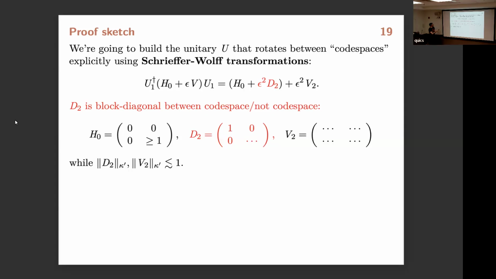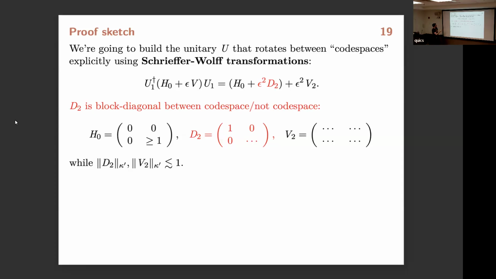So if you think about this perturbation V, in general, it might perturb a code state into a not code state, induce some error. We would like to find a unitary that rotates that error away. So here, the top left part is the code space, bottom right are the excited states.